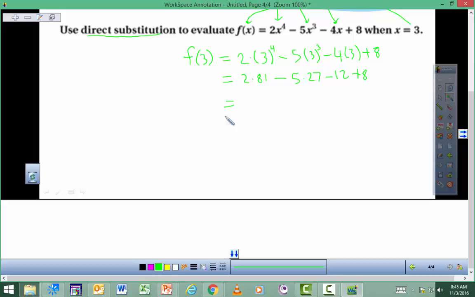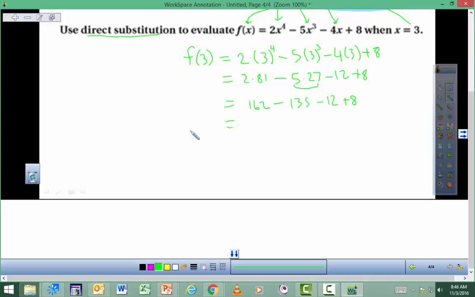2 times 81, of course, is, well, 2 times 80, what? 162. And then, so this is 162 minus 5 times 27. What's 5 times 27? 135. And then I subtract 12, and then I add 8.